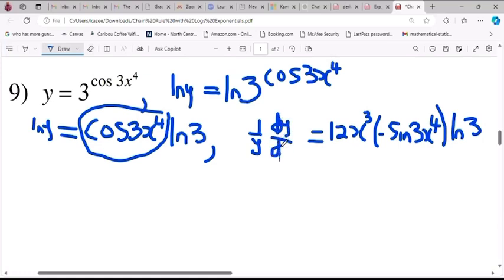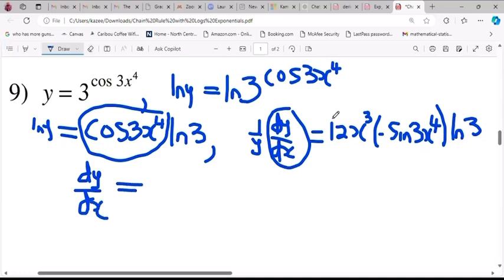So 1 over y, dy/dx, I'm actually going to solve for dy/dx right now. In solving for dy/dx, it actually means I'm going to multiply the whole of this guy by y. And what is my y? This is my y, right?